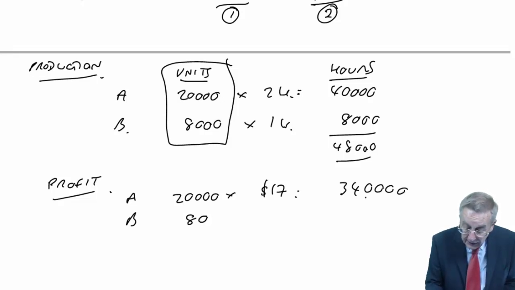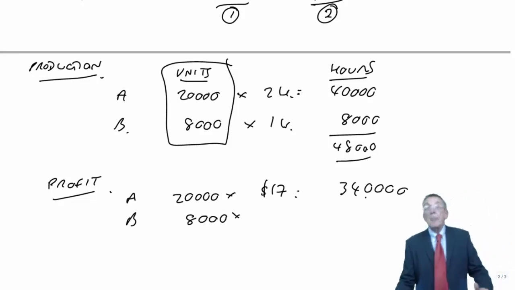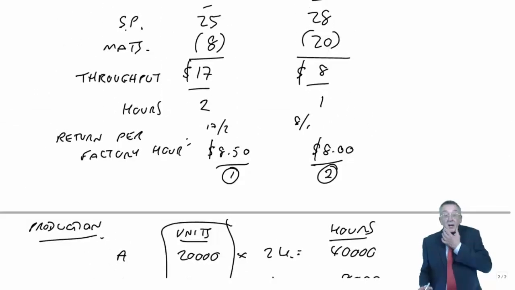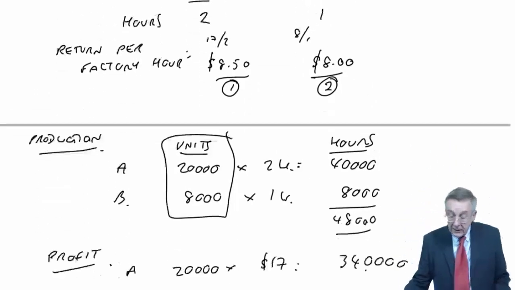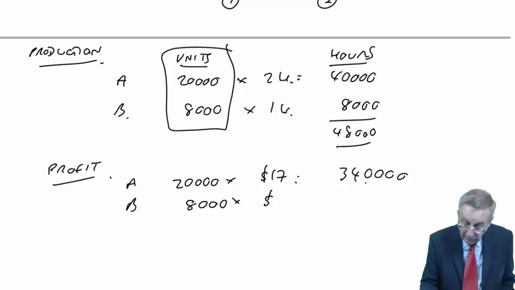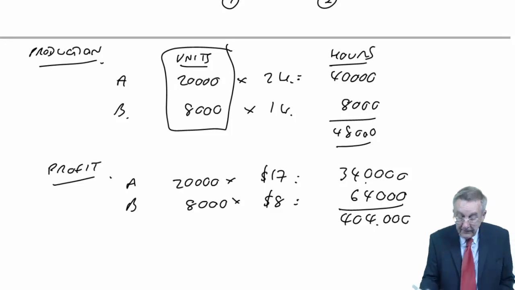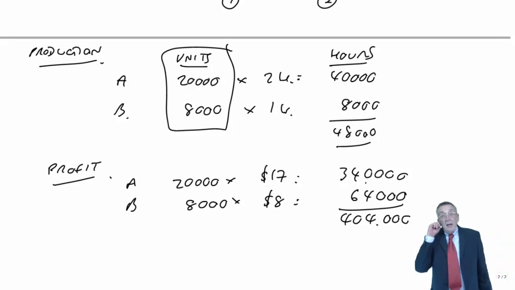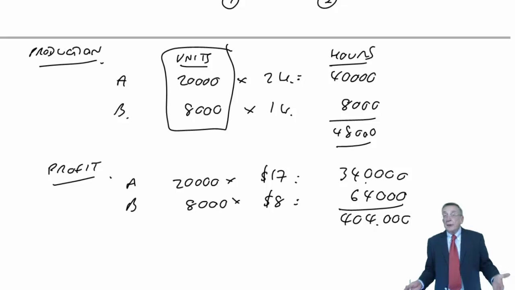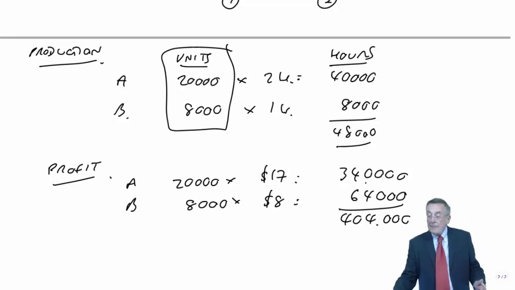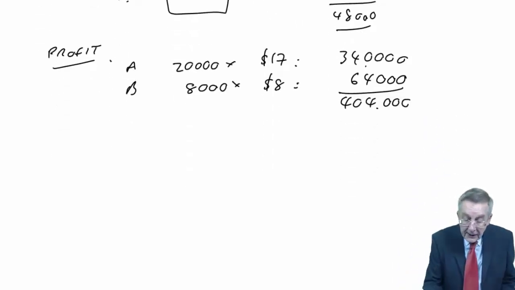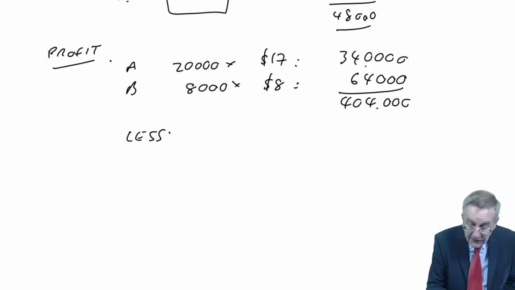B, we're making 8,000 units, and again, ignoring any fixed costs, they're generating $8 a unit. Another 64,000, so a total of 404,000. However, of course, although that's the total throughput we'll be generating, the profit, we need to subtract the fixed costs.